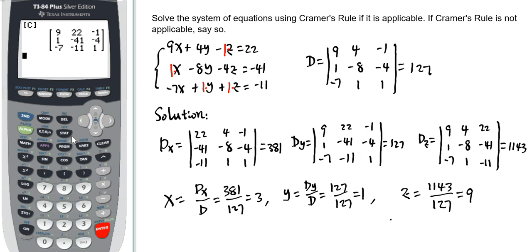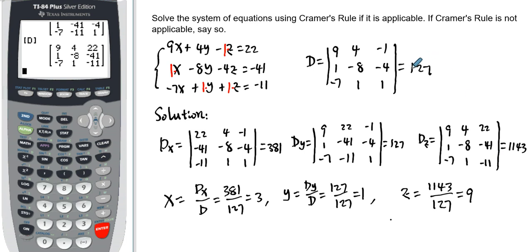And you can do second matrix, hit number 4 and hit enter, and check if it is correct. So I have input all the values here correctly.